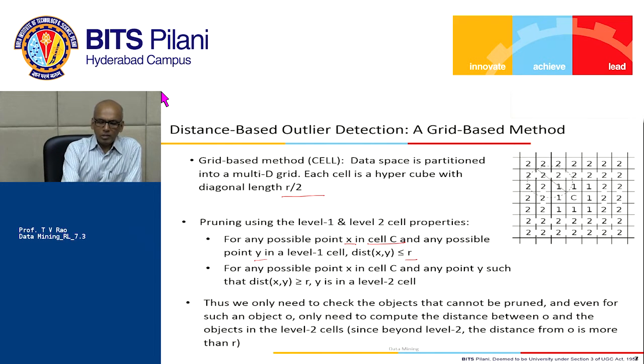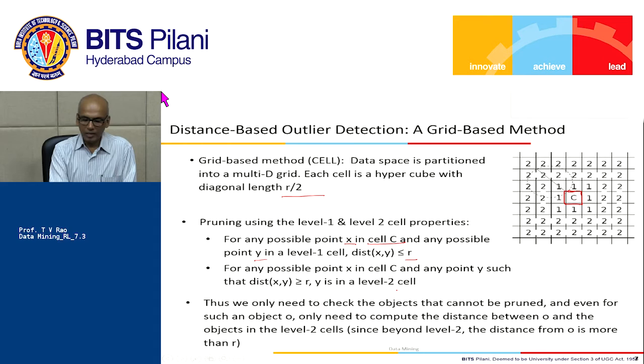Then the other possibility is that for any point x in cell C, there is any point such that the distance is greater than r in level 2. So we are looking at the cell C and we are first comparing with the level 1 cells, and once we find something less than r, then we are clear that we don't need to consider this for an outlier.